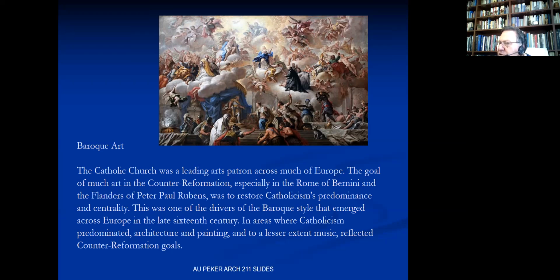There's a concentration on Christian ideals in this age, and the church spent enormous amounts of money in the construction of new monasteries, new churches in towns, urban development programs, and so forth. And artists and architects were given tasks to contribute with their arts and architecture to these Counter-Reformation ideals and also propaganda against Protestantism.